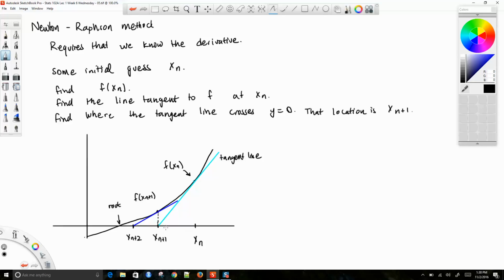So where does this thing cross the line? Basically the tangent line has a slope equal to the derivative f prime at point x sub n, okay?